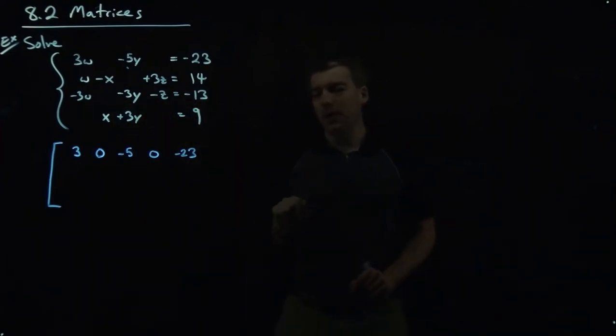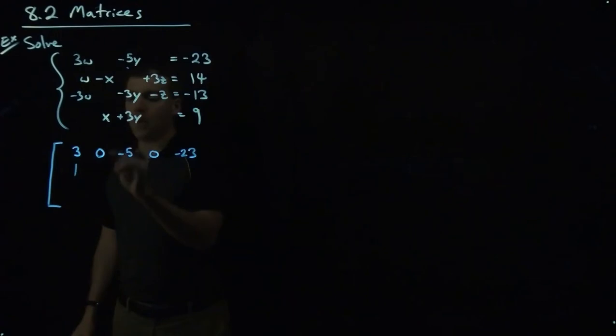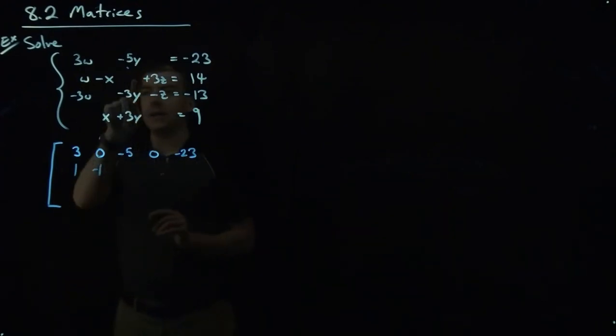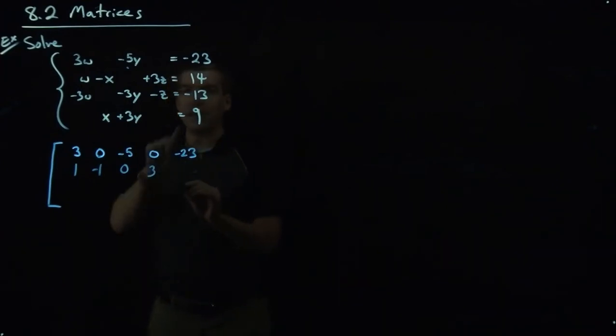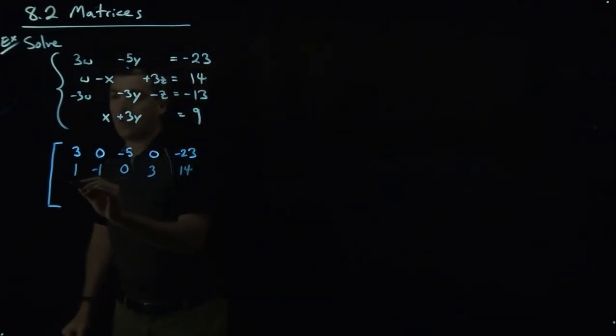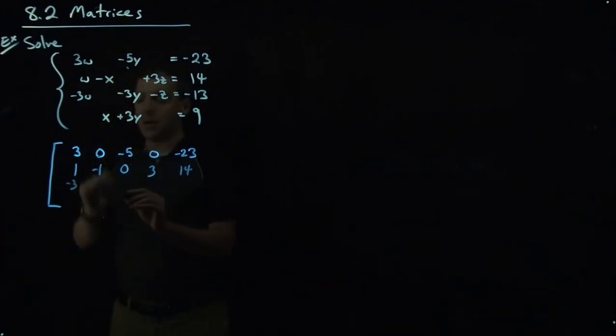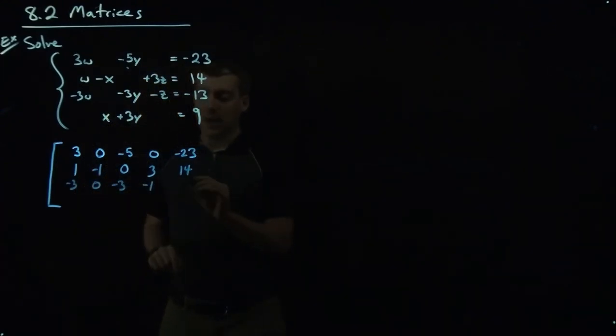All right, let's do that with the other 3. So we have 1w, negative 1x, no y's, 3 z's, and a 14. We'll have negative 3 w, 0 x, negative 3 y, negative 1 z, and negative 13.